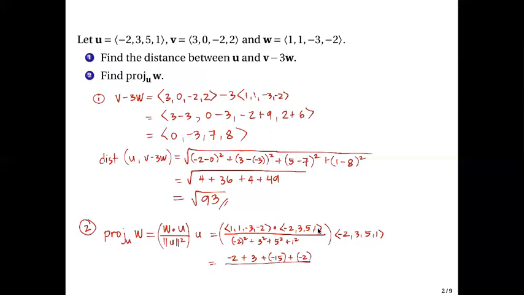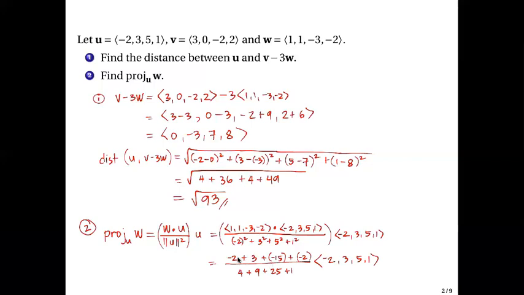For the denominator, let's get the squares. So you have 4 plus 9 plus 25 plus 1. And then we copy the vector -2, 3, 5, 1.